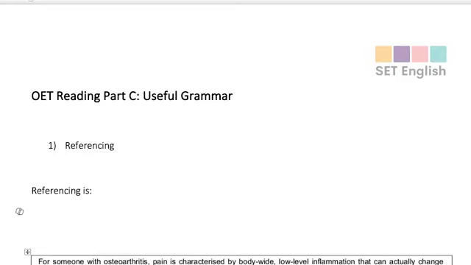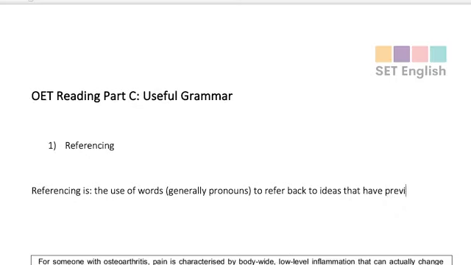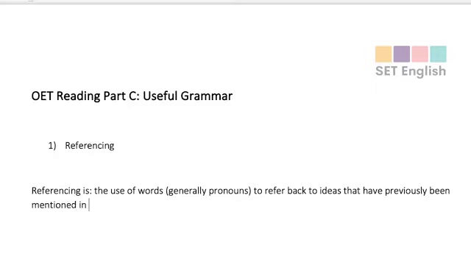What is referencing? Referencing is the use of, generally, pronouns, to refer back to ideas that have previously been mentioned in a text. That's what it is.